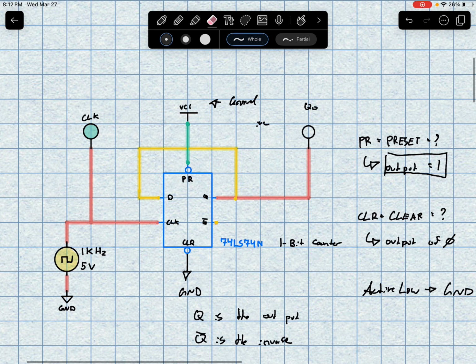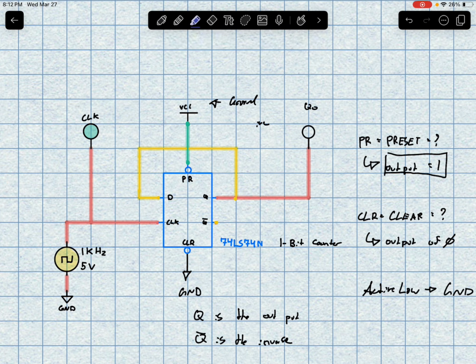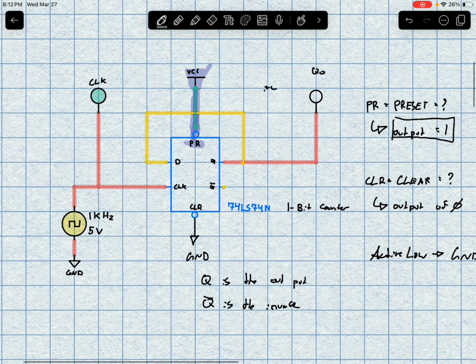So now let's look at this example. Now, in this case, preset is set to VCC, meaning that it's not going to be active anymore. Instead, what's active?